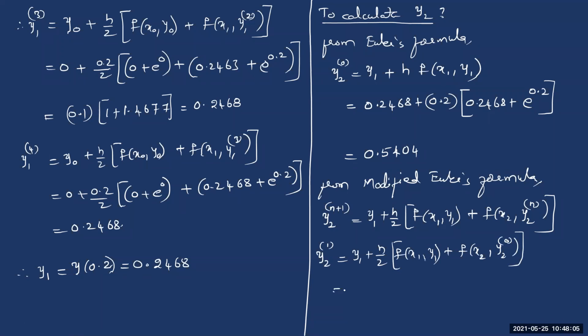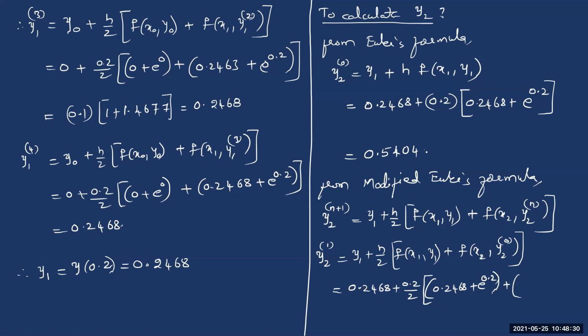See if you can substitute everything into this. Y1, how much did you get? Y1 is 0.2468, plus h by 2, meaning 0.2 divided by 2. And f of x1, y1 is the same thing you substituted earlier; I'm just taking them in brackets: 0.2468 plus e to the power of 0.2, plus f of x2 comma y2 initial approximation.